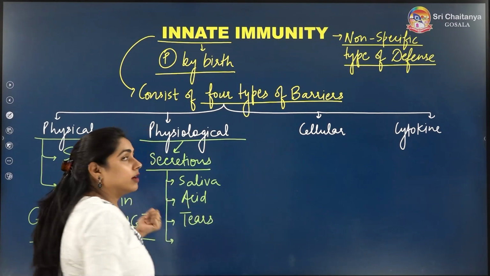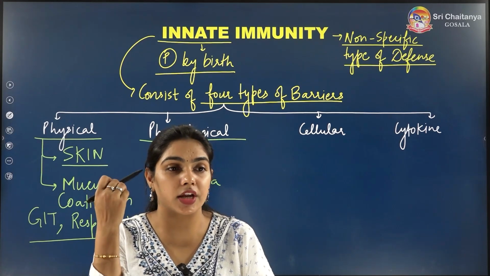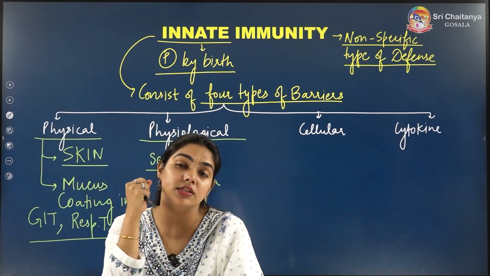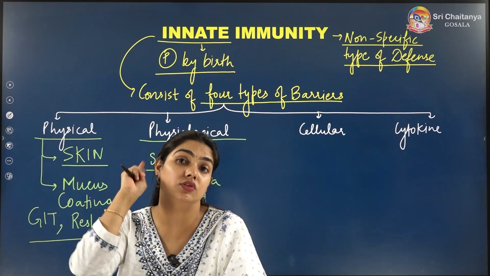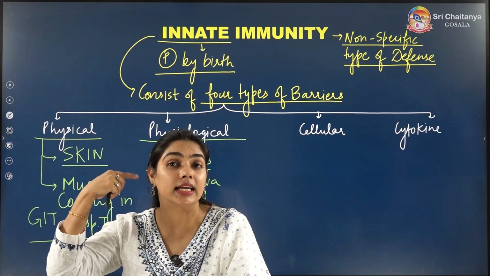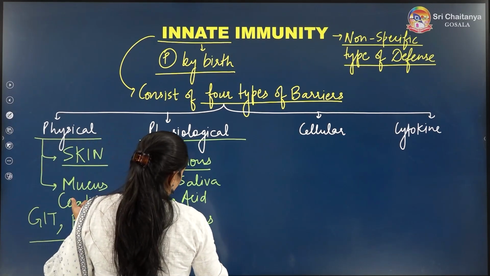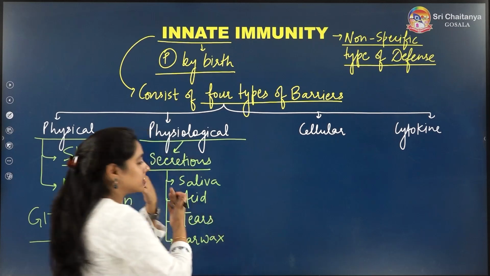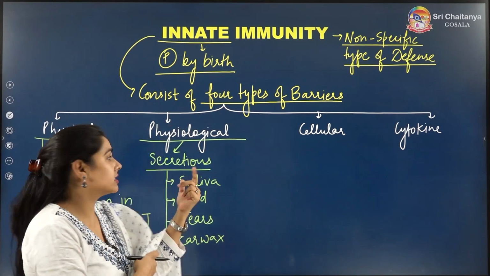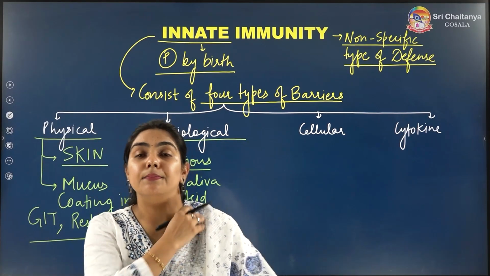One more example I will give you. You have earwax. Earwax is getting secreted in your ear, right? So that earwax is also trapping the pathogens which are trying to enter through your ear. Or even your skin is secreting some oil, sebum, that can also be called a secretion, and that can also come under the physiological barrier.